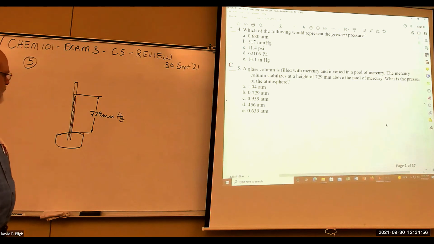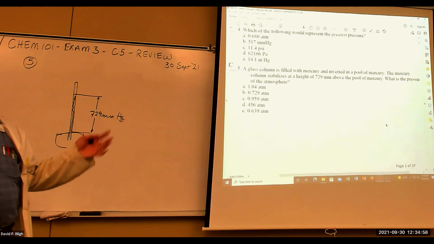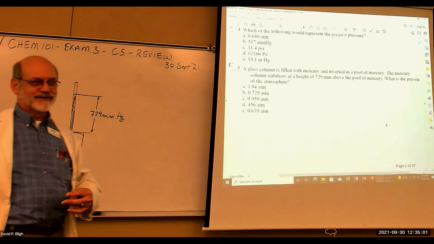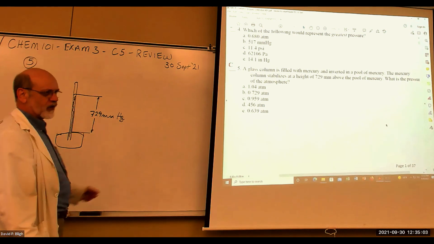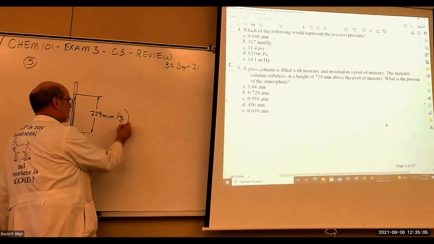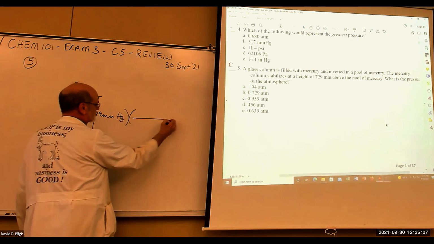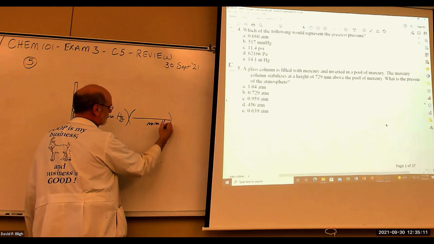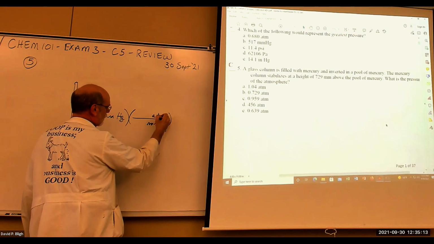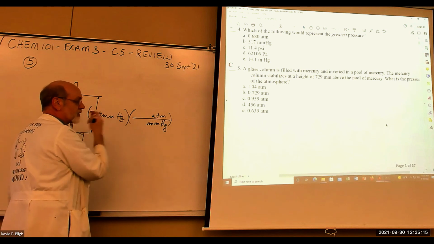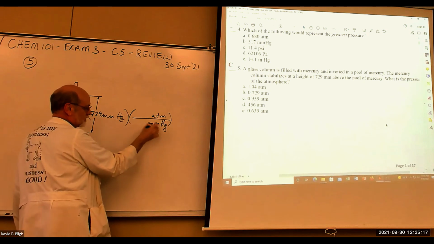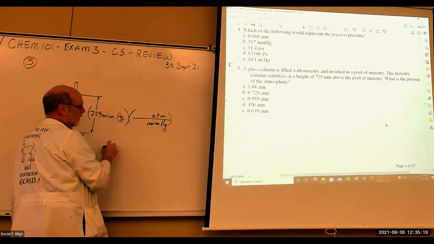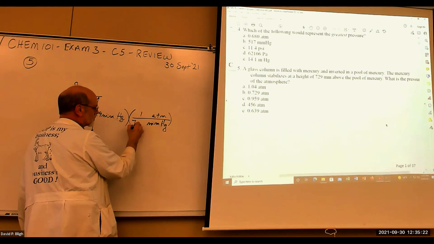What's the pressure of the atmosphere? Oh, this is unit conversion. That's it. I didn't need to draw a picture, did I? So what do we need to know? This is simple dimensional analysis. You want to be left with atmospheres, you cancel millimeters of mercury, so you need to know the relationship between the two.